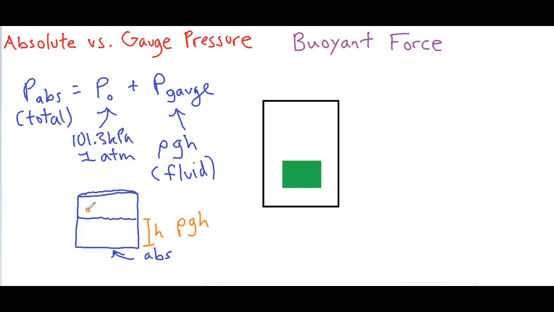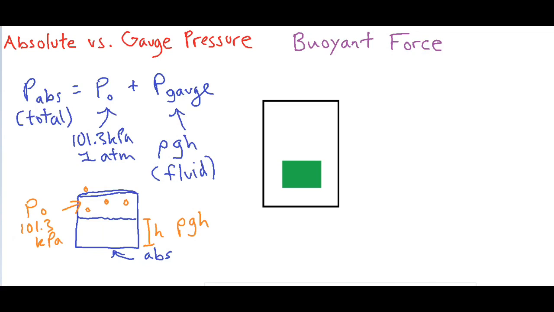But then in addition to that, because of the pressure that's normally exerted by the atmosphere, you have some kind of P naught value. And again, that would be something like 101.3 kilopascals or 1 atm from just the regular pressure of the atmosphere itself. And then when you combine those two, that is your absolute pressure.